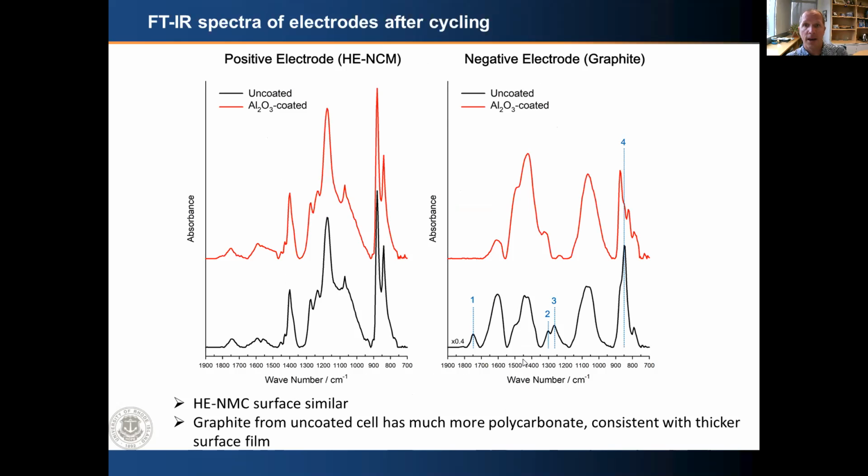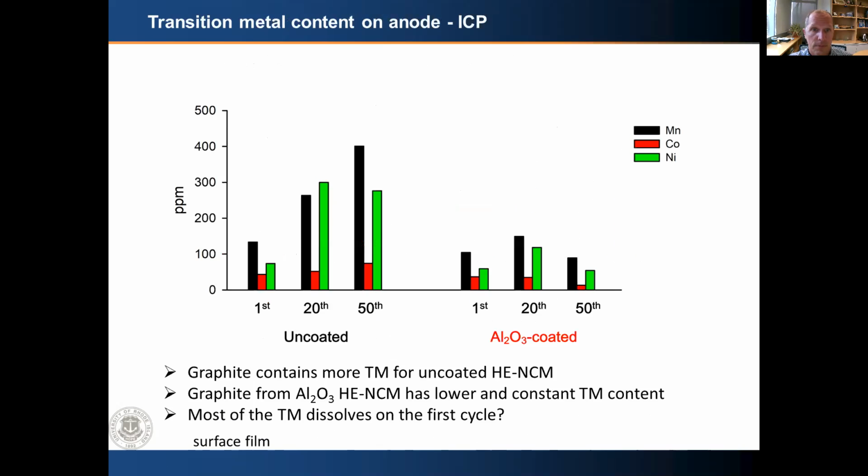If we look at the FTIR spectra, once again, the high energy NCM surfaces are pretty similar, the IR spectra of the cathode. However, the graphite from the uncoated cell has much more polycarbonate right here, which is consistent with a thicker surface film and more electrolyte decomposition on the surface.